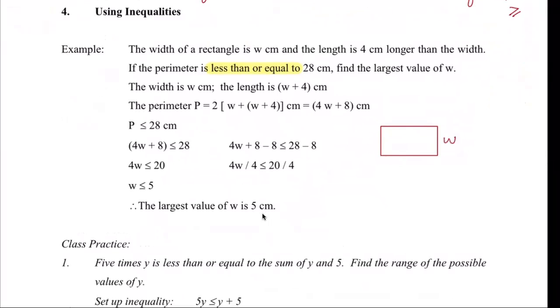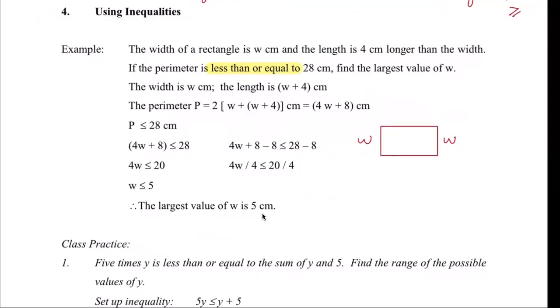So the width here is W, and this is also W. They're both width. And the length is 4 centimeters longer than the width. Since the width is W centimeters, the length should be W plus 4 centimeters.